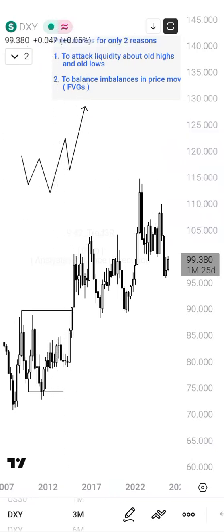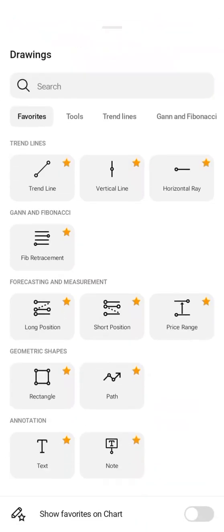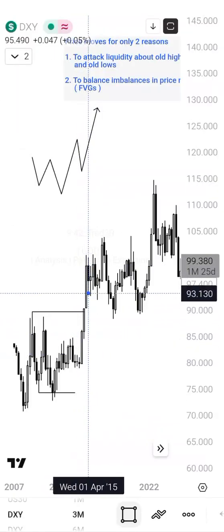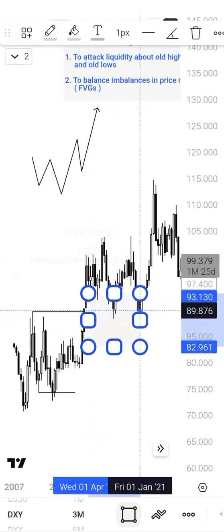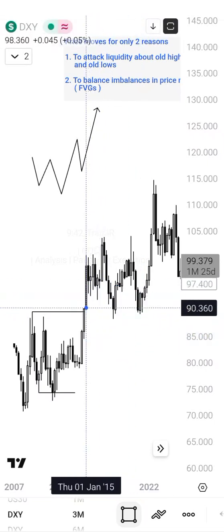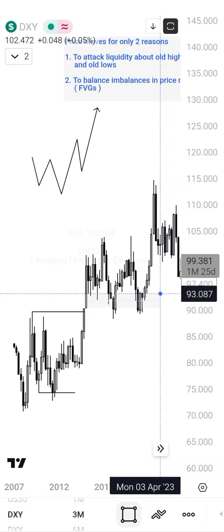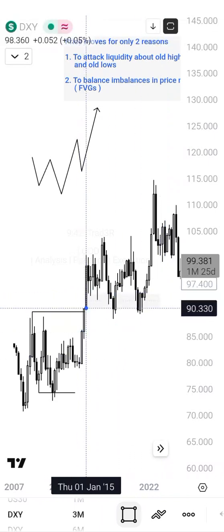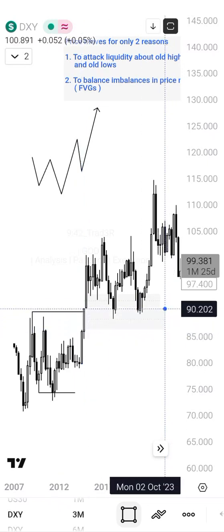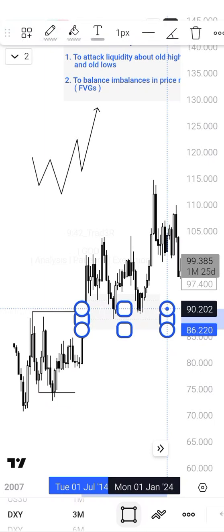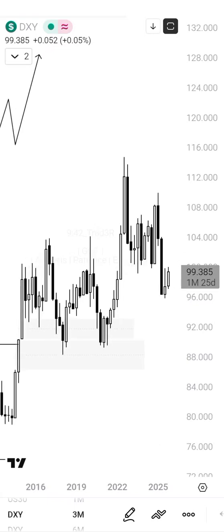So what they would then do is to come back and fill the gaps. You can say this is the first gap, came back and they fill it, and this is the second gap in price. They came back also to fill it up to the 50% before moving to the upside.